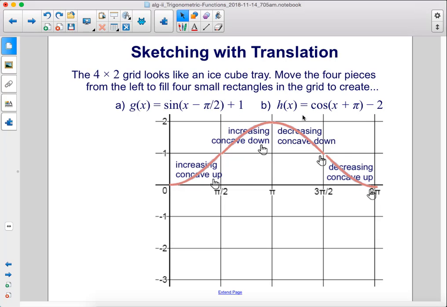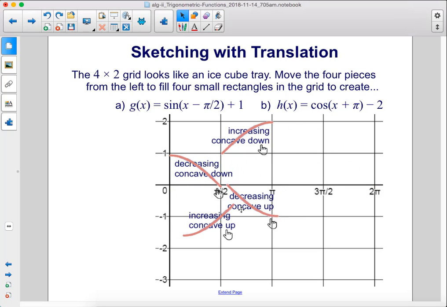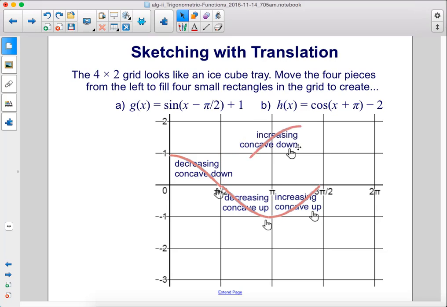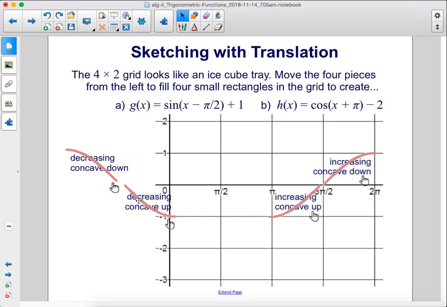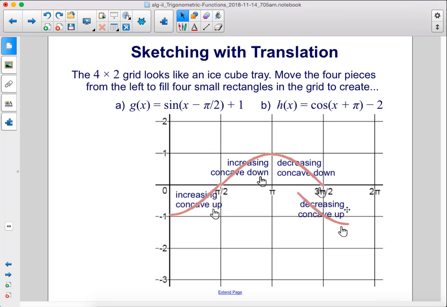Next we're going to do a cosine wave. So we have this piece going there, and that goes there, that goes there, and that goes there. This is cosine x. We want cosine x plus pi, so we're going to move to the left pi, which is 2 boxes. So those move there. Alright, and then these can actually move to the side over here.